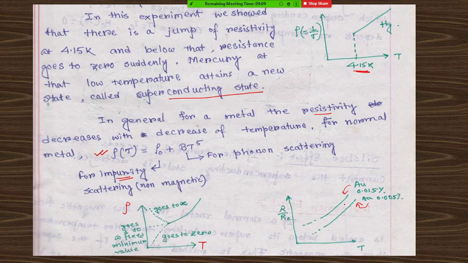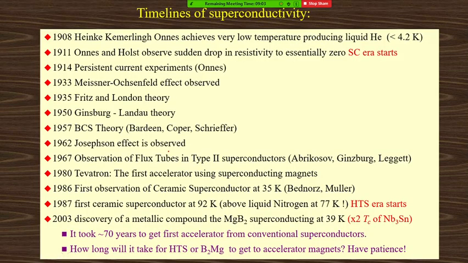You can see in this graph the timeline of superconductivity. In 1908, Kamerlingh Onnes achieved very low temperature by producing liquid helium. Actually, they wanted to lower the temperature, but how?